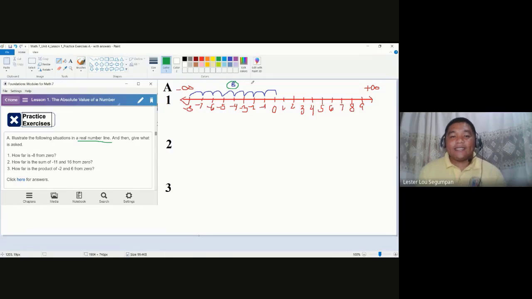Take note that when we talk about how far, in short, we are looking at the distance of a number from 0. There's no negative distance, even if the given value for a real number is -8. Because when you take a distance, you don't necessarily take negative distance.